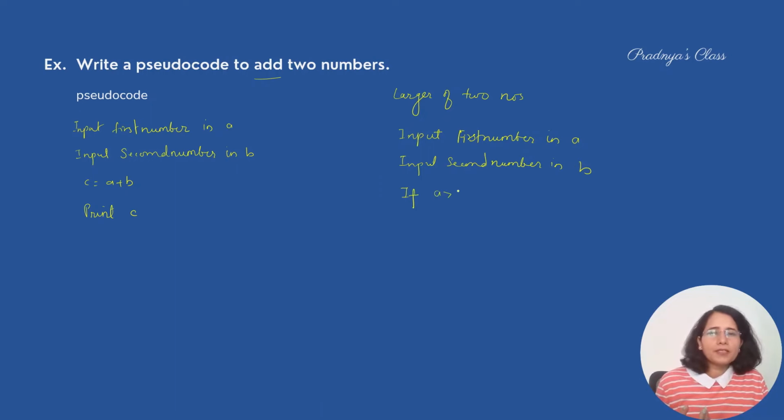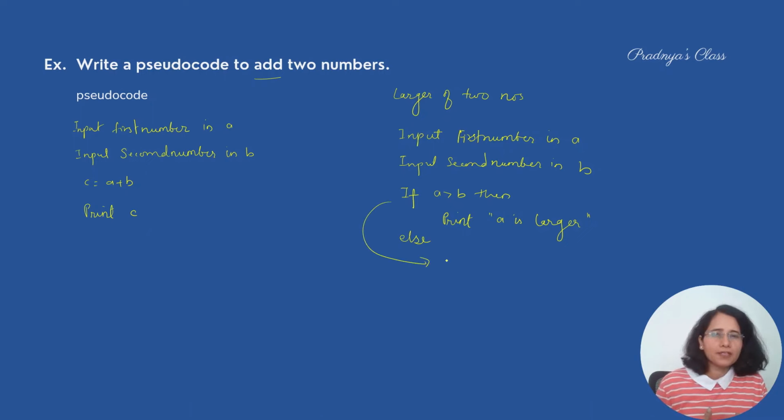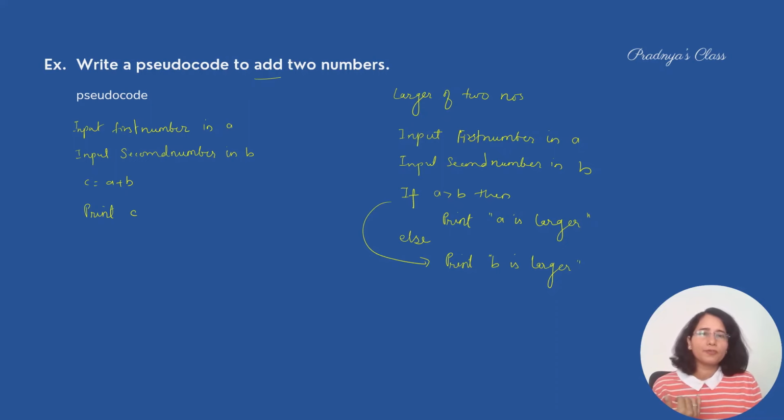So if A is greater than B, then we have to display the message A is greater. We can write that print statement again, or you can use display also. If this statement is false, we have to write the else statement also. If this is false, then we can write B is larger. So in this way we can write any pseudocode. It's very easy to write the steps, then you can go for an algorithm, then you can draw the flowchart.